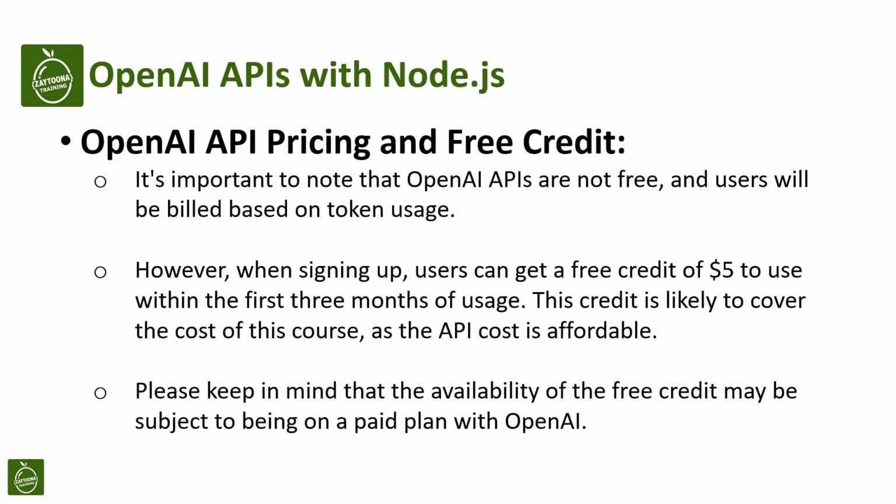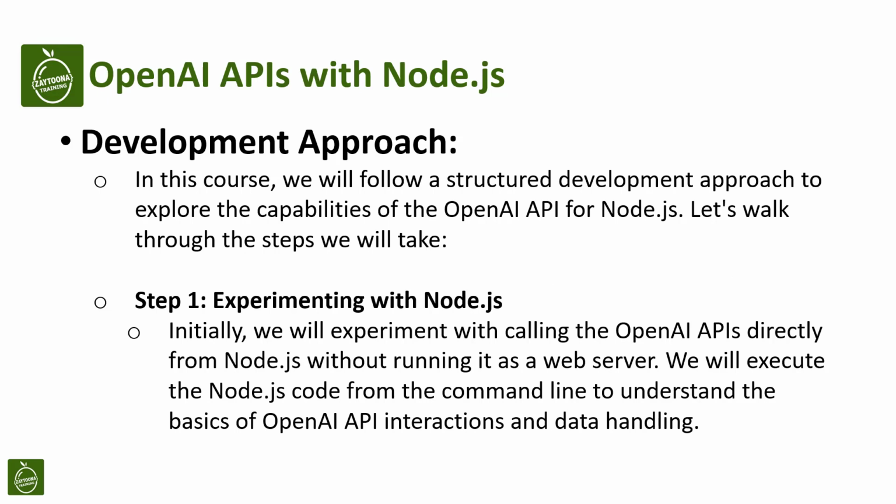This credit is likely to cover the cost of the course, as the API cost is really cheap and affordable. Yet keep in mind that the availability of the free credit may be subject to being on a paid plan with OpenAI.